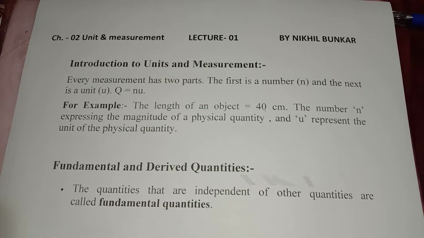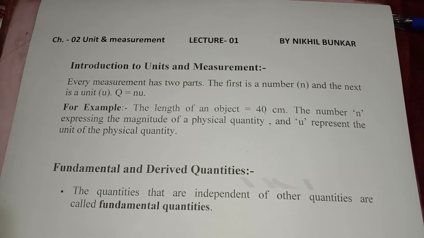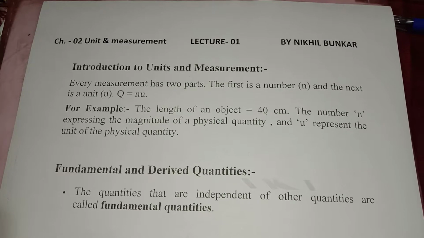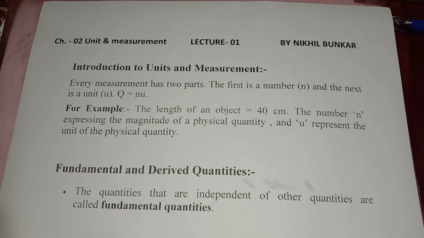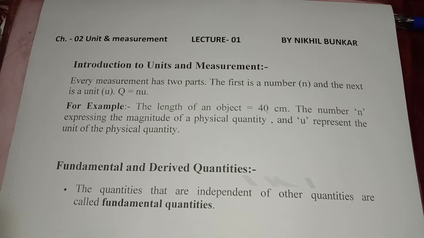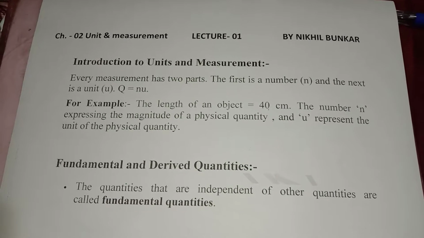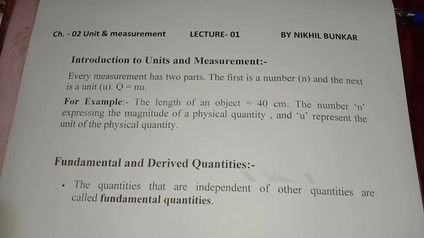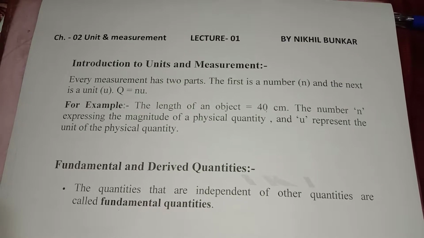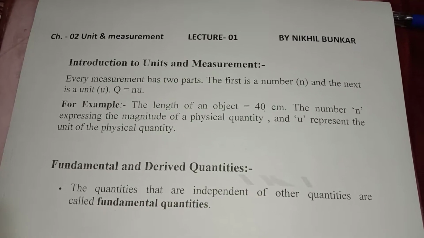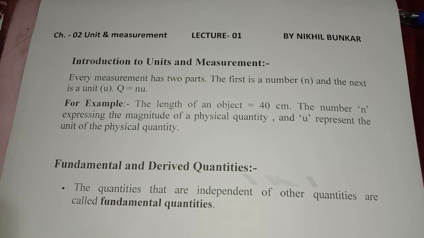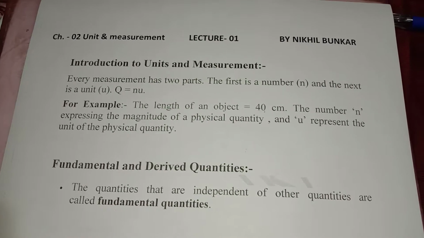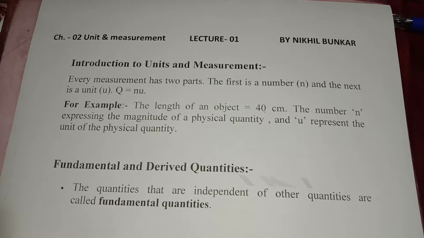The first chapter is related to the basics of physics, the scope of physics, and how physics is important for our society, how it plays an important role, how it is beneficial for our society, or how it has some disadvantages for our society.